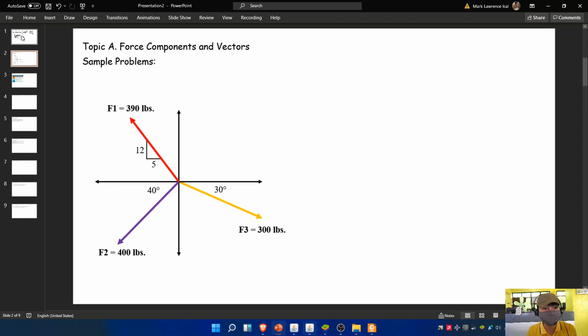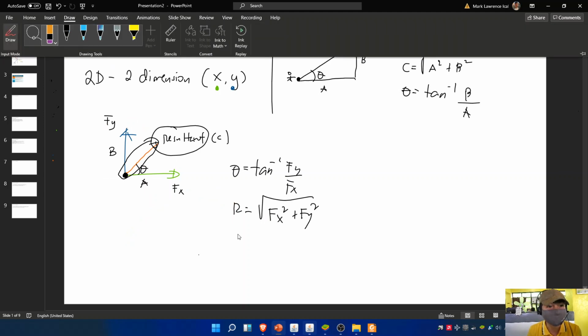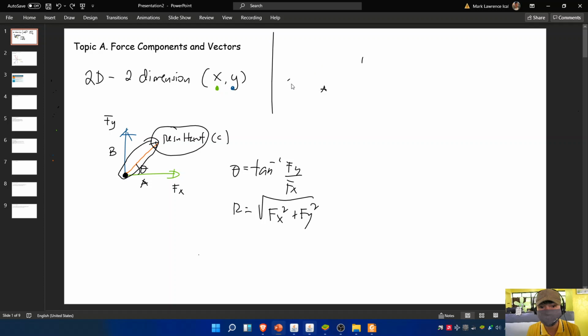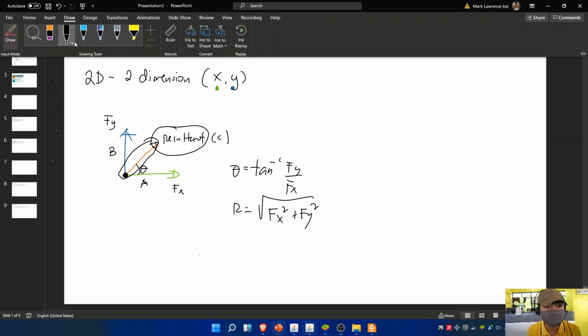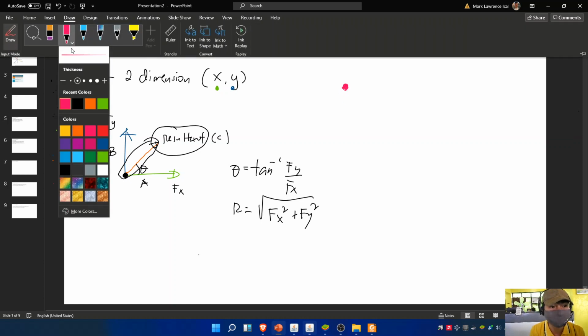So how about we try an example? So let's say this one. Okay, medyo complicated pala. Basic muna tayo. Okay. Wait, hindi ko na buburahin yan. Let's try an example. So I'm going to use pink kasi kikay ako. Now, let's say that we have a particle and the forces that are involved in the particle.